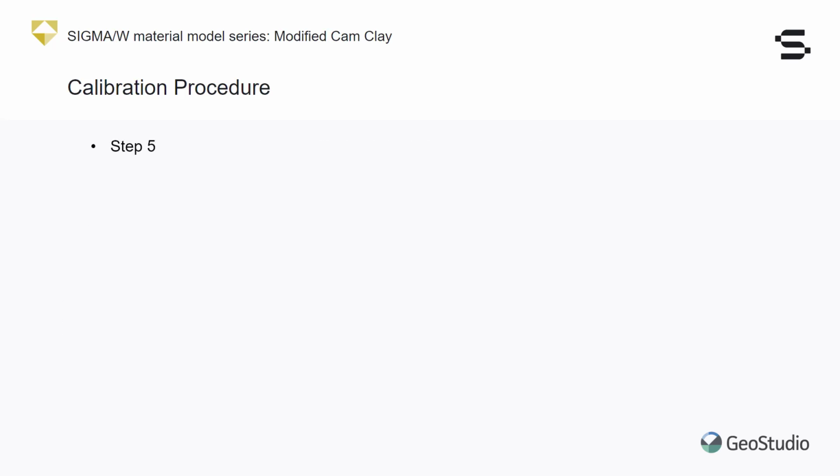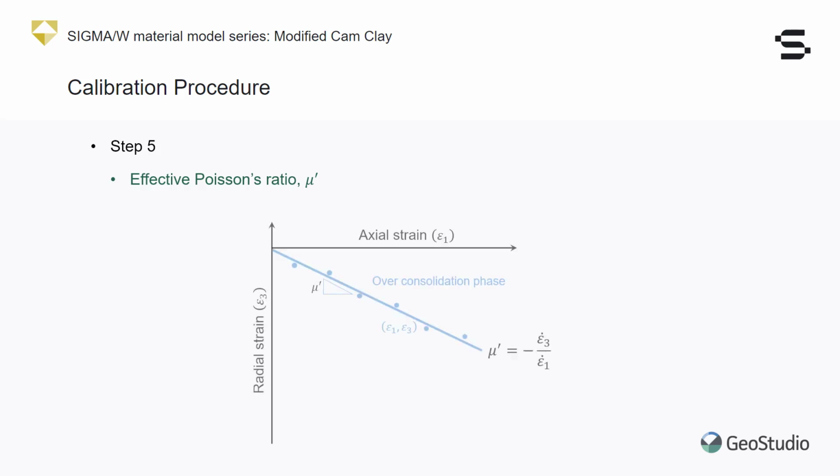The last step of the calibration procedure for the modified Cam-Clay constitutive model is to determine the effective Poisson's ratio, mu prime. Poisson's ratio is defined as the ratio of the change in the element's radial strain to the change in its axial strain in a drained test.